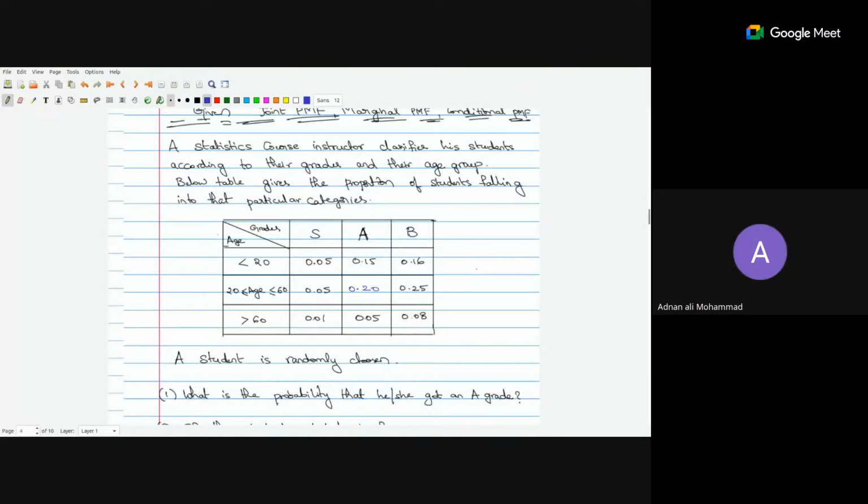Marginal of A. Summation of column A. Correct. So what is the probability that he or she got an A grade?